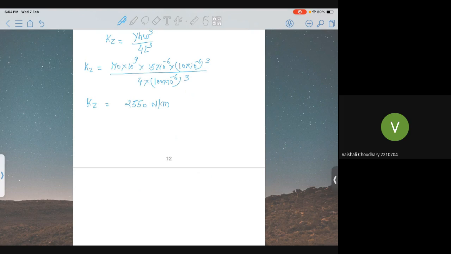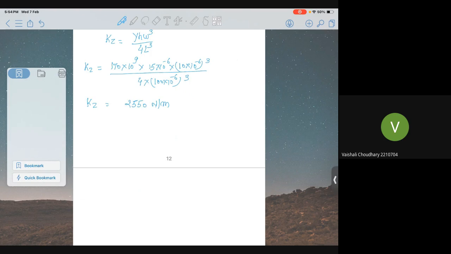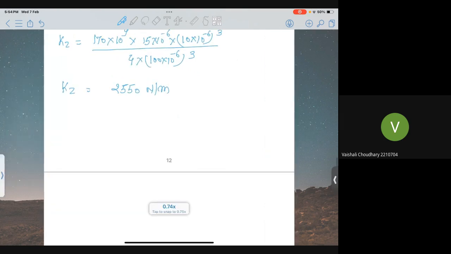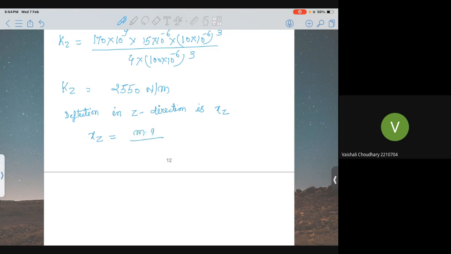Now the deflection in z direction is xz, and we can calculate xz as ma divided by k, the spring constant in z direction.